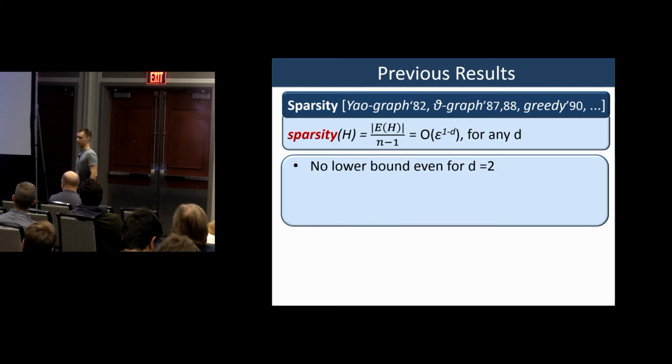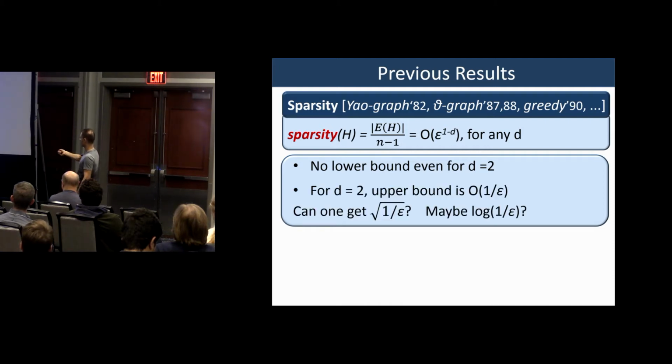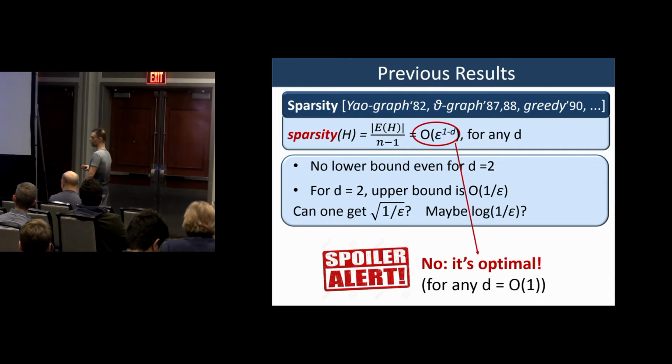We don't know if this is optimal, even for 2-dimensional point sets. And so what we get for 2 dimensions is 1 over epsilon. Can we do square root of that? Maybe even more. And we'll see that it is impossible to improve on this classic bound, at least not in constant dimensions.